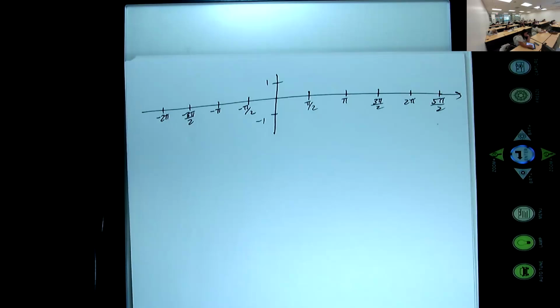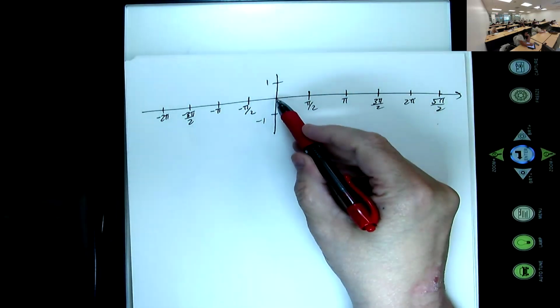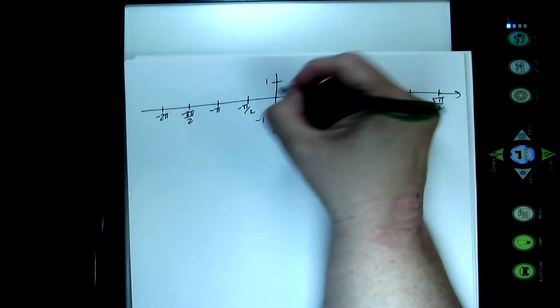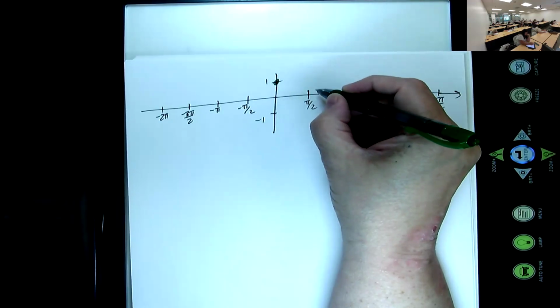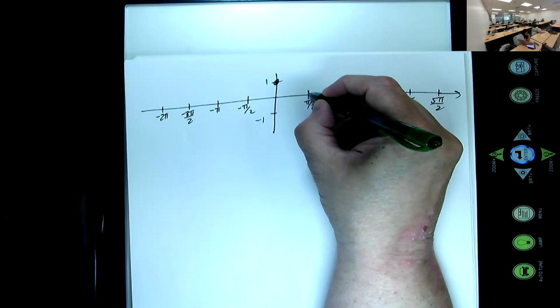The easiest way to do this is you know the values of cosine at these functions. Cosine of 0 is what? 1, right? Cosine of pi over 2 is 0.